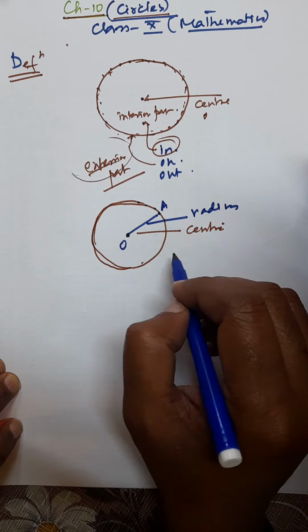So whatever points you have to remember: how many centers? Only one center. Infinite number of radii, all are equal. Infinite number of diameters, all are equal.